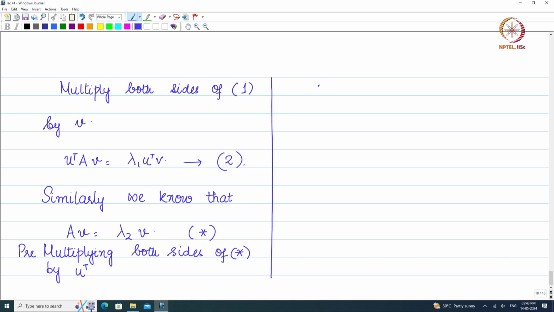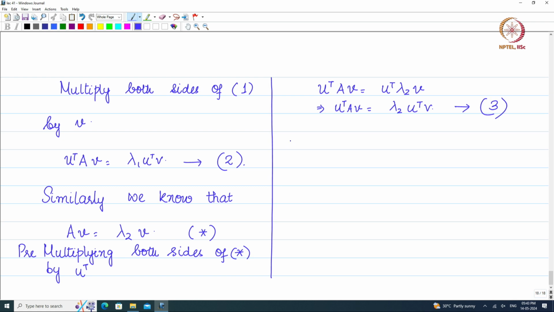We have u transpose A V is equal to u transpose lambda 2 V, which is nothing but u transpose A V is equal to lambda 2 u transpose V, right. Let us mark this as equation 3.